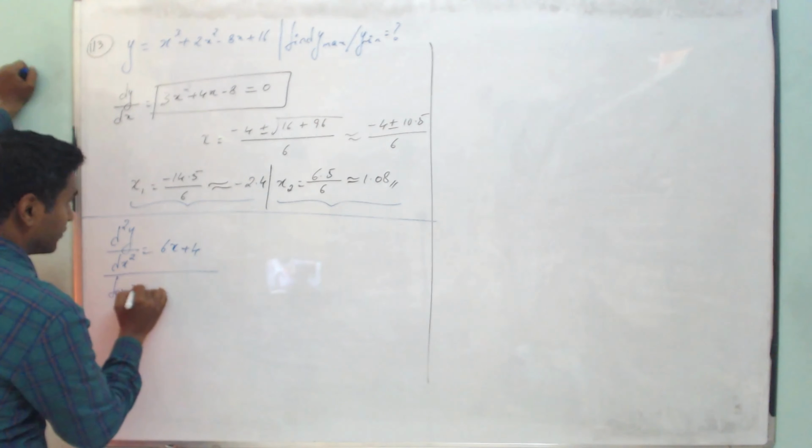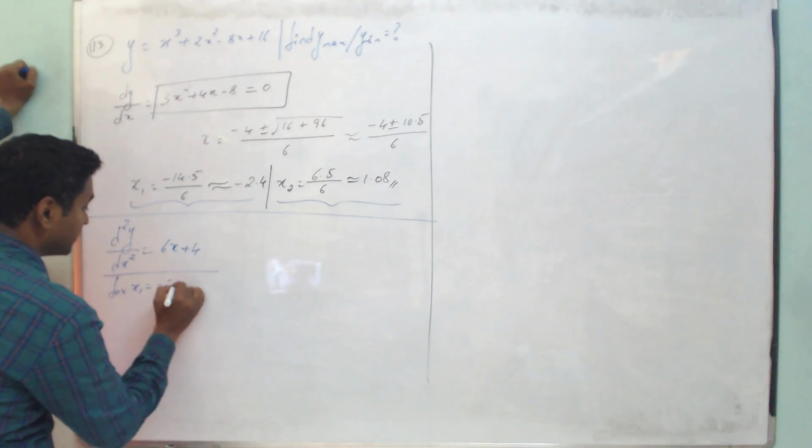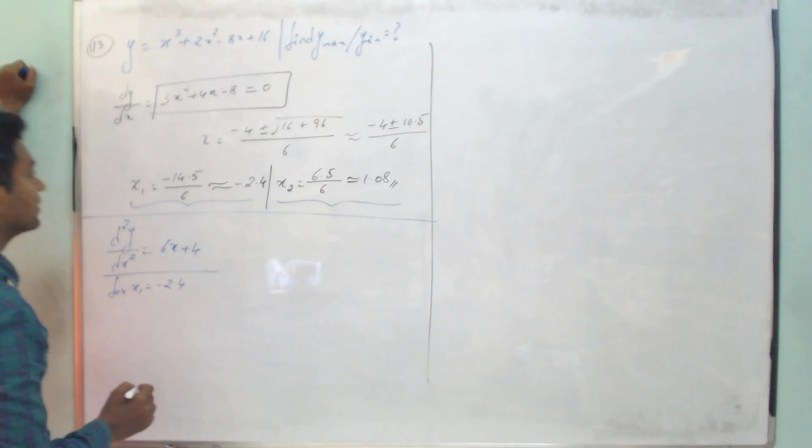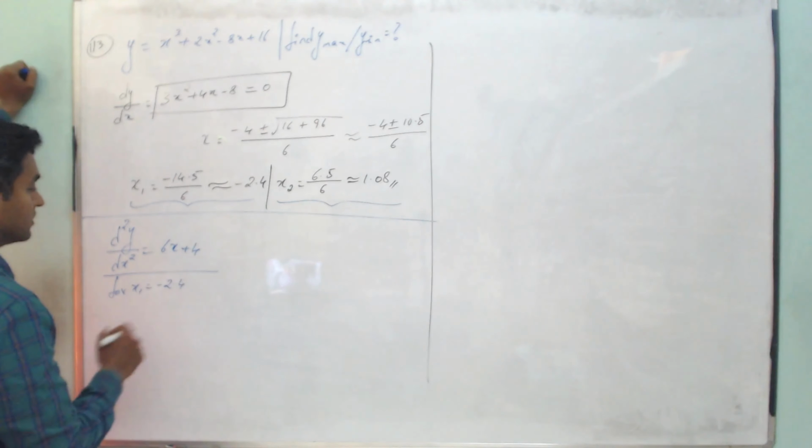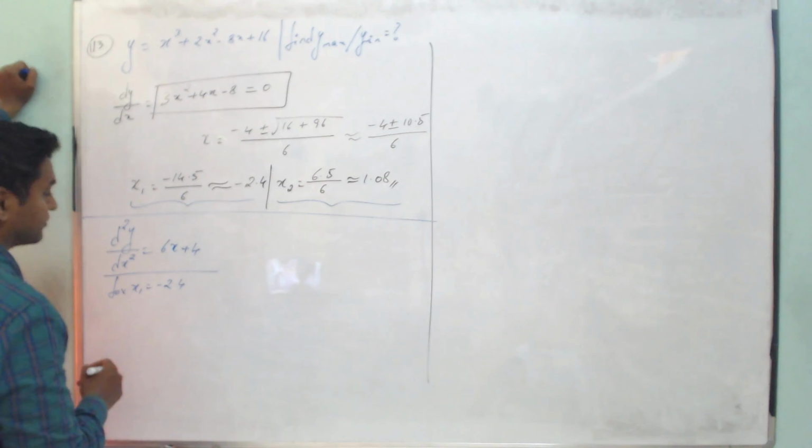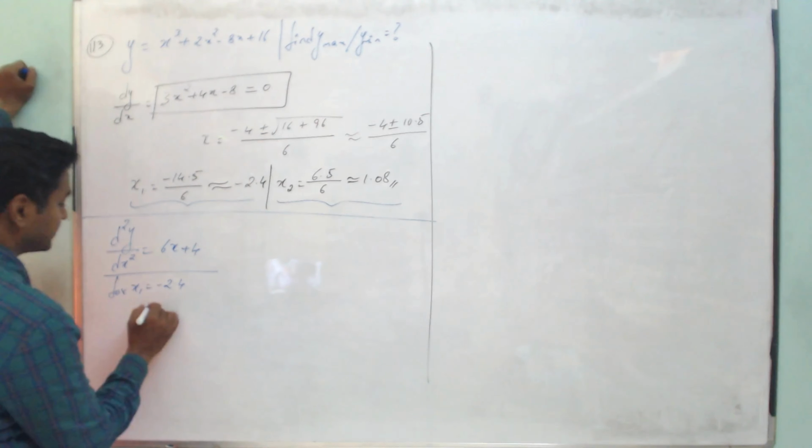So for x1 equal to minus 2.4, 6 into 2.4 is minus 14.5, plus 4 gives minus 10.5.